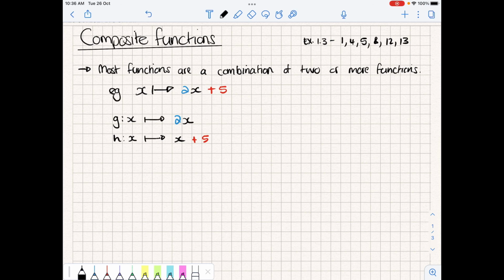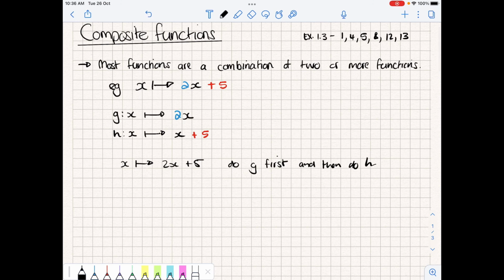So we could say that the result is: do g first, so multiply by 2, and then do h, add 5. So we create a composite of the two functions, right?